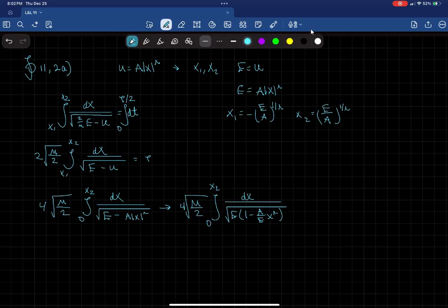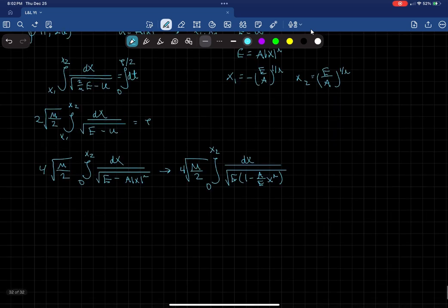And I'm doing this because if I make a substitution with a dummy variable y, I will have x equals E over A to the 1 over n times y. So my dx is going to be E over A to the 1 over n dy.